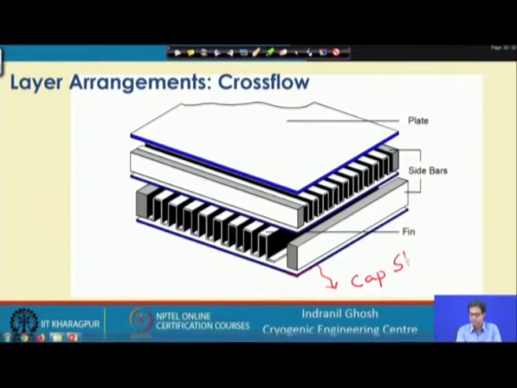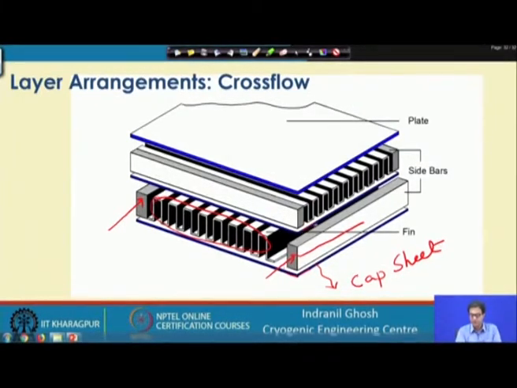So, this cap sheet will be there on the bottom and on the top, and we have one cap sheet. On top of it we have the sidebar. On both the sides we have the sidebars. It is placed on top of that cap sheet. Then we have the fin. This fin is a complete fin which is placed on top of this cap sheet.